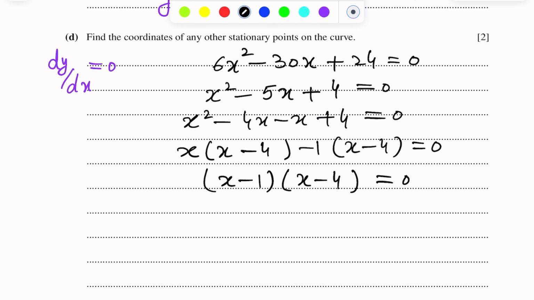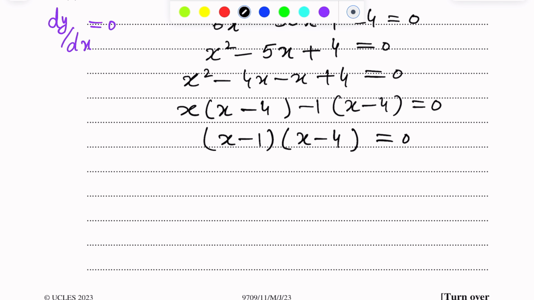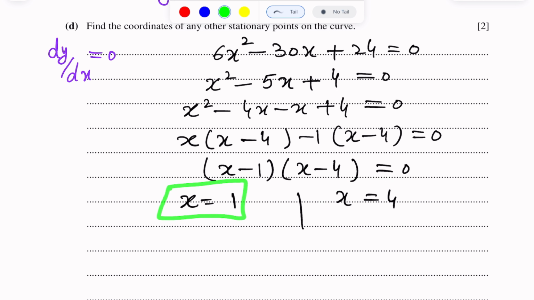We get the two values of x from here, x is equal to 1 or x is equal to 4. Clearly this 4 is already given, because this is the coordinate of the first stationary point. The other stationary point will be at x is equal to 1.